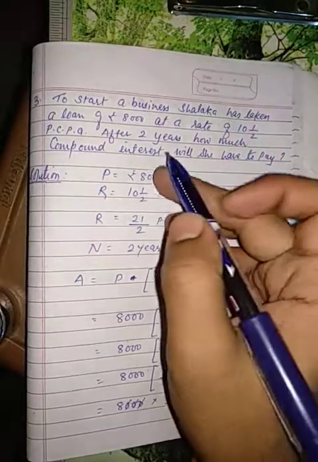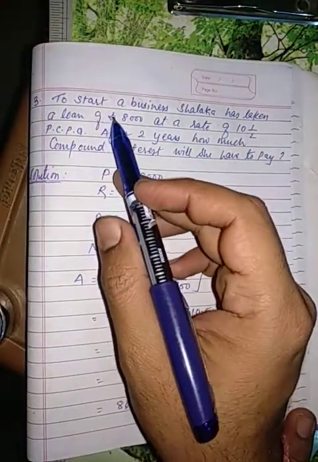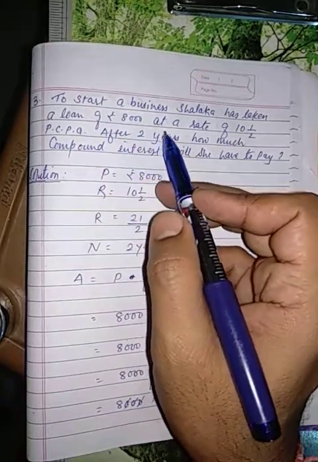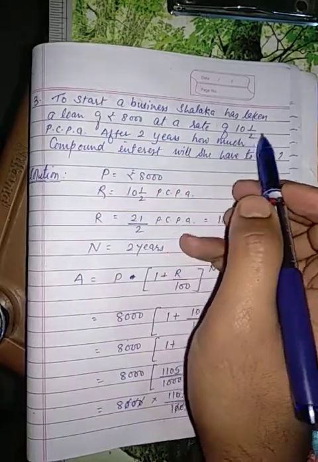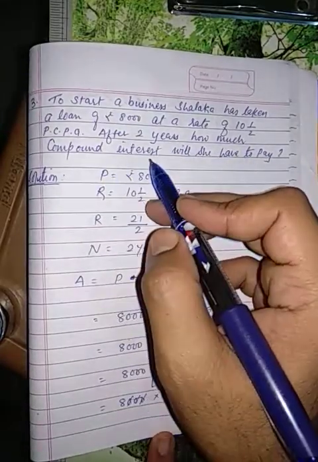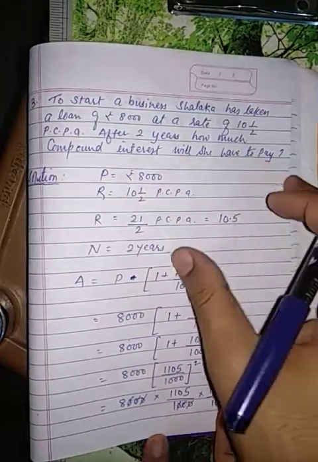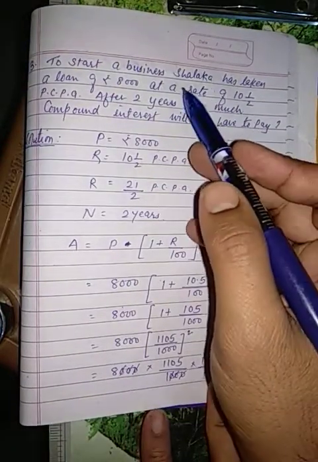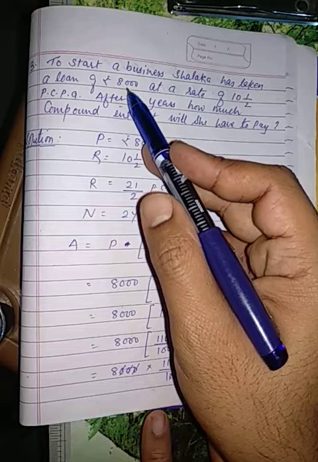Now third sum. To start a business, Shalaka has taken a loan of rupees 8,000 at a rate of 10.5 PCPA. After 2 years, how much compound interest will she have to pay? So here the question is compound interest. So again write down all the given data. Loan amount is 8,000.